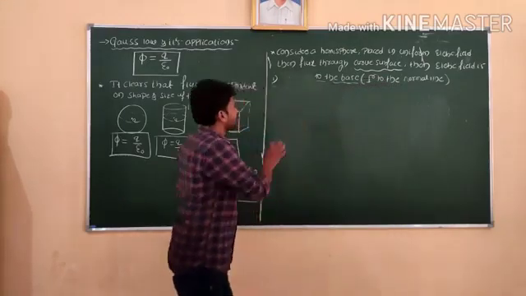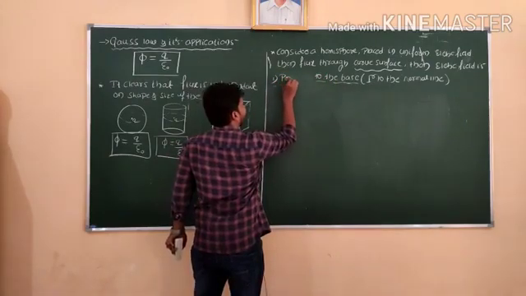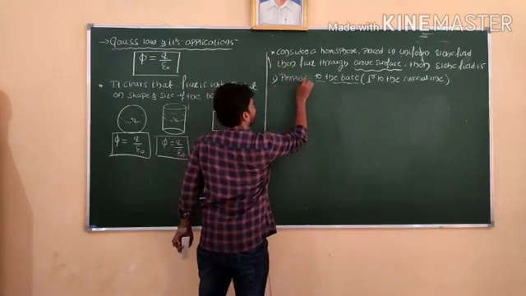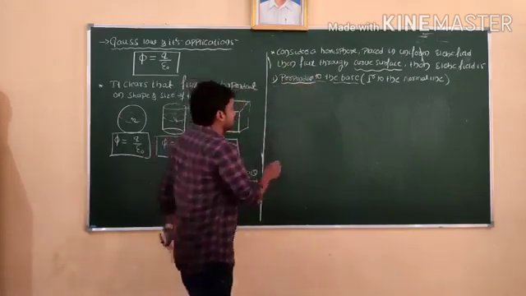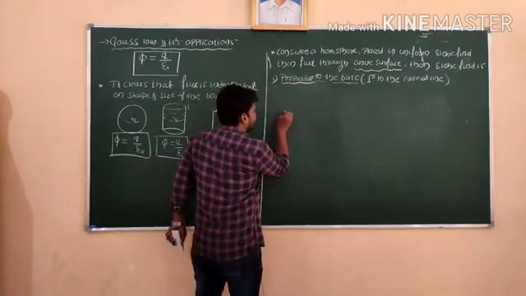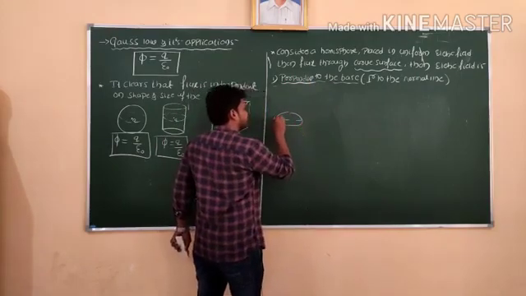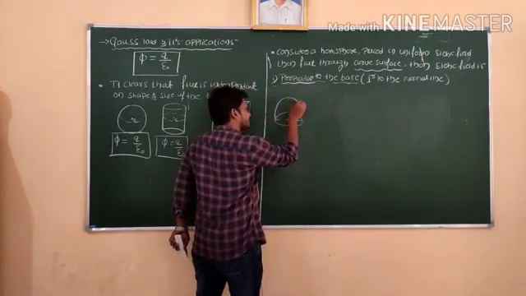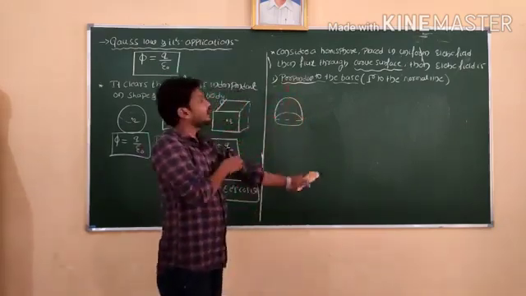Look at here, field lines are, first parallel, now perpendicular. Field lines are perpendicular to the base. So again let me draw one hemisphere here. So this is a hemisphere. This is a curved surface. What is the direction of electric field lines?